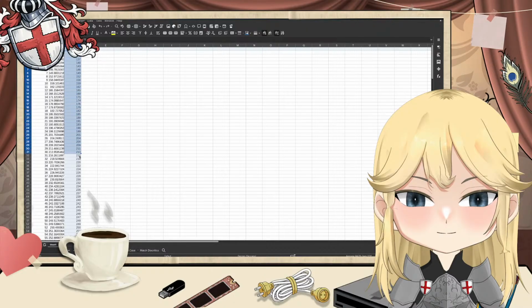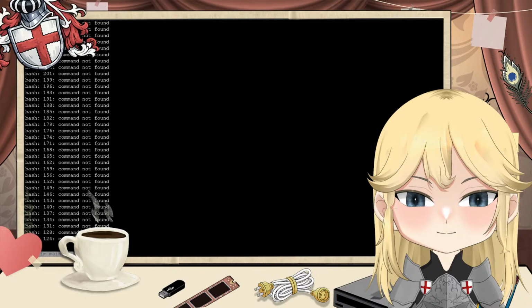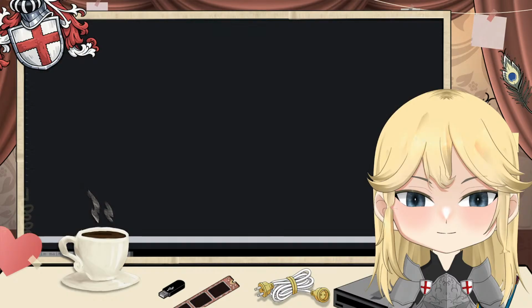And now I need to get this into a C array. How am I going to do that? Let's see. Can I just copy it and paste it? I wonder what will happen. Yep, that's not it. Okay, now can I run a command on this?